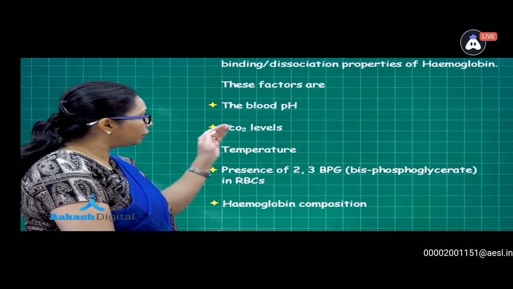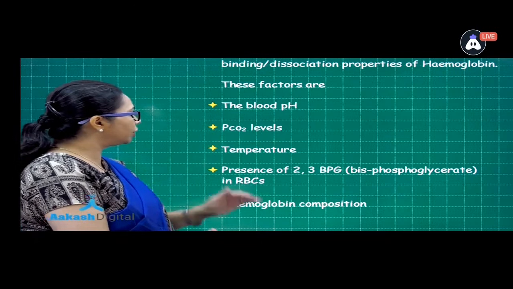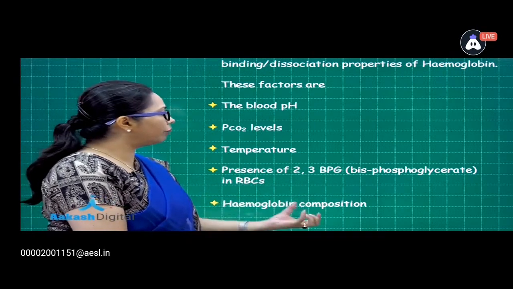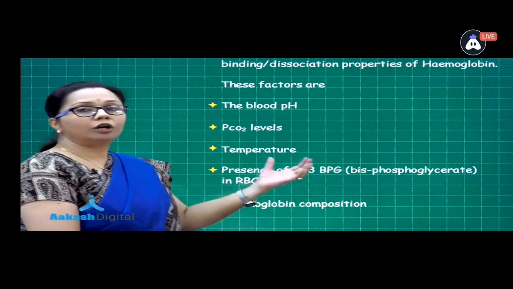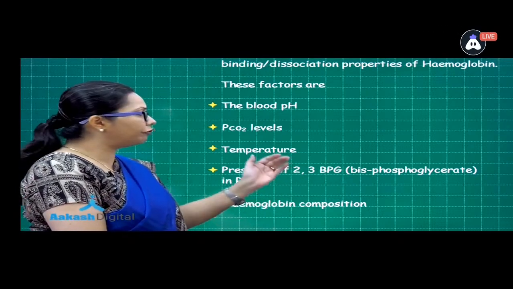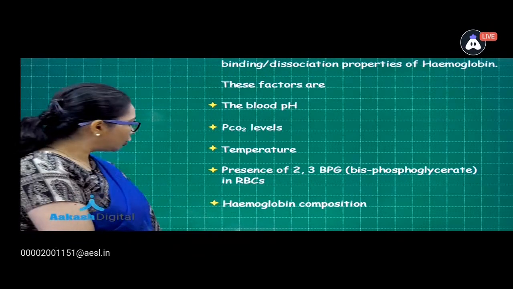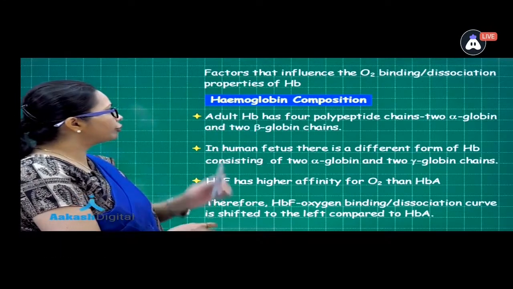The partial pressure of carbon dioxide, that means PCO2 levels, temperature, presence of a particular compound 2,3-BPG, that is bisphosphoglycerate. It can also be called DPG, that is diphosphoglycerate, and the composition of hemoglobin. So let us begin with hemoglobin composition.